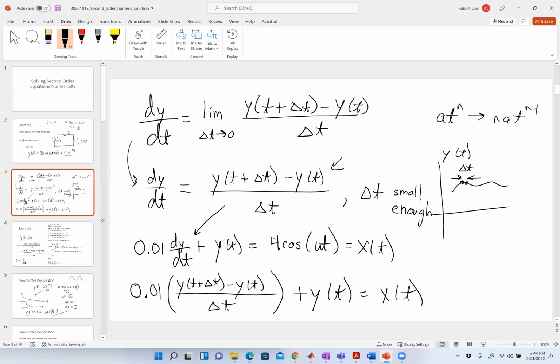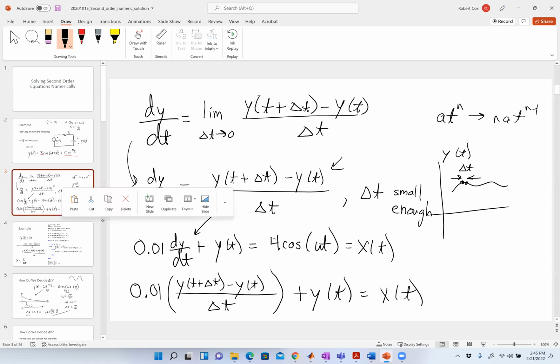It's my driving function. Now, that is an algebraic equation. It's purely algebraic, so I can solve for the variables that I don't know from the ones that I do.